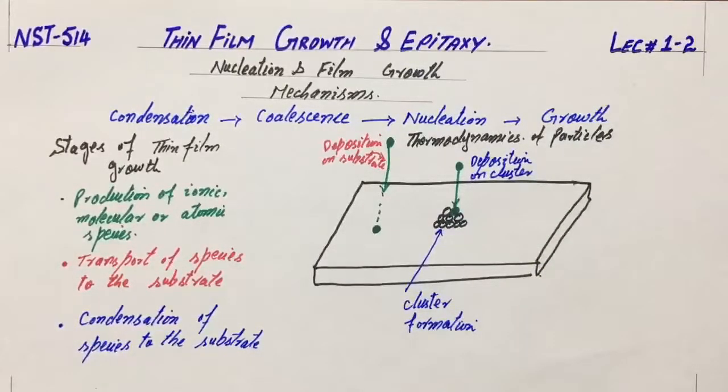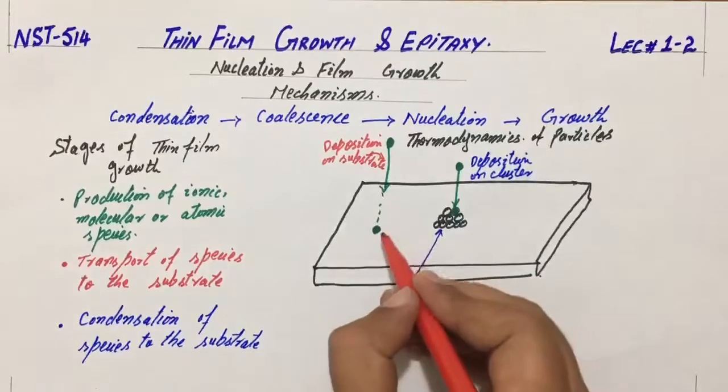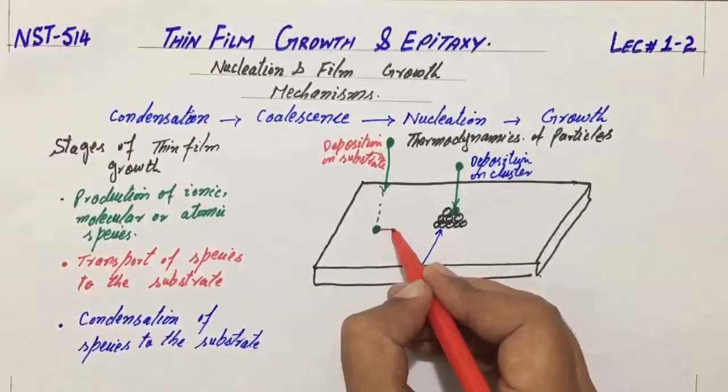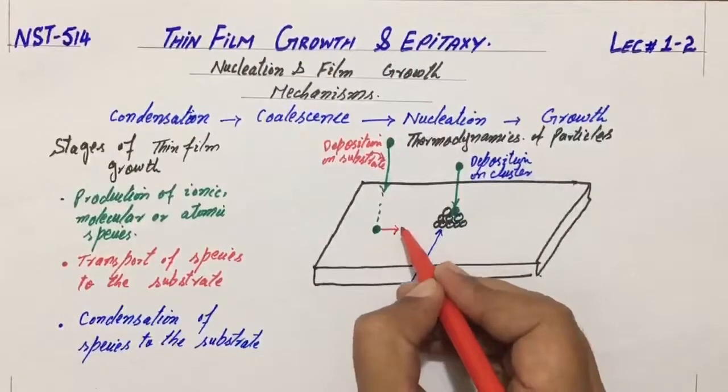So there are two possibilities. The atoms deposit on the substrate surface or on the cluster formation. The other parameter is that once they are deposited, they move on the substrate surface.